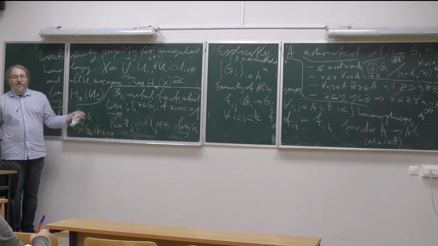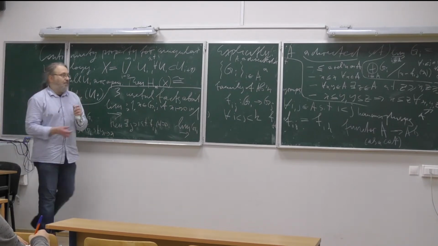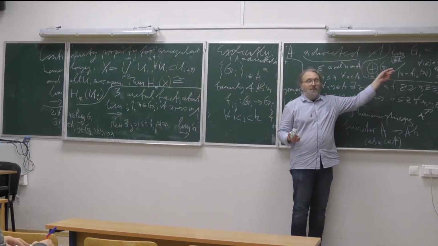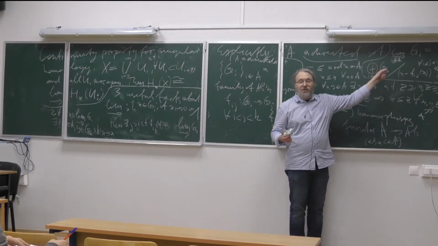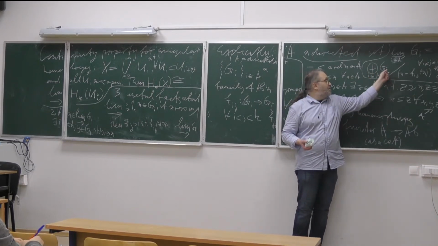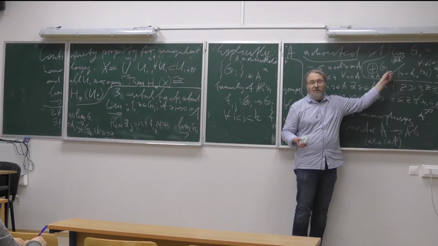Basically, in both cases, I'm using maps from each individual G_i to the direct limit, which are manifest in this construction.